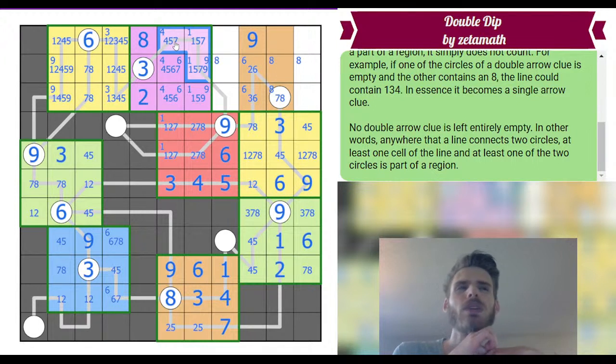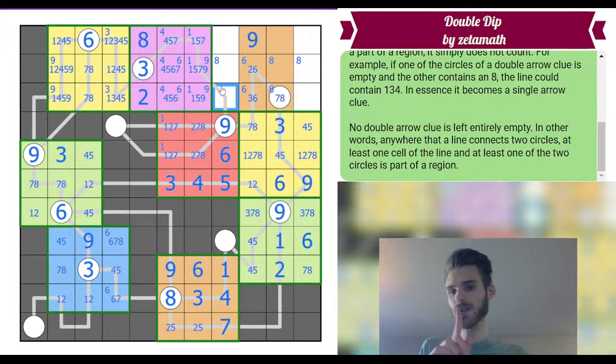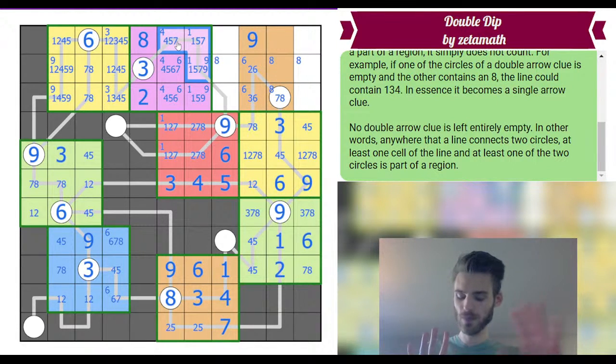Well, they don't have a 2 anymore. They don't have a 2 or a 3. So they definitely need a 1, because 4, 5, 6 is too much. They need a 1. If this cell is gone, they need a 1. So they add to 11 now. 11 in 2 cells. So it would have to be 1, 4, 7.